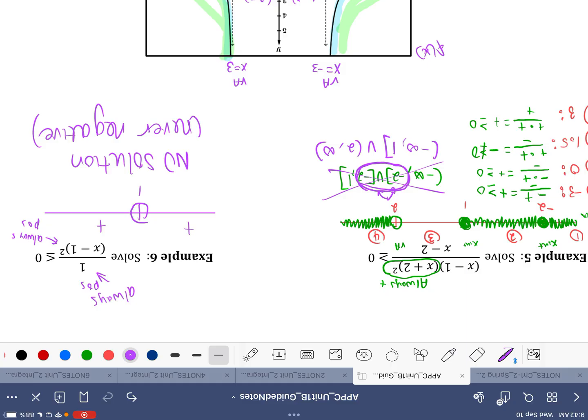So on the front, we got 1, 3, 5, 6, 7, 9, and 10. Flip it over. I don't know why it printed this way. And I think our last one will be 15. I should have probably done more, but I feel like that was already kind of a lot. We'll see. Maybe you guys will fly through it.